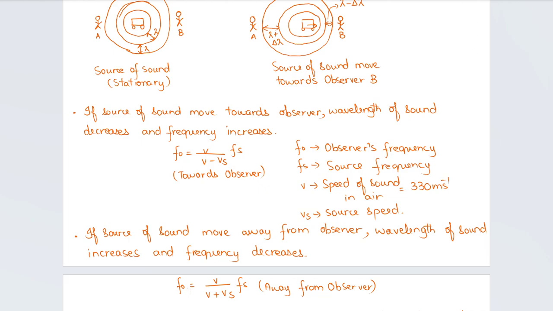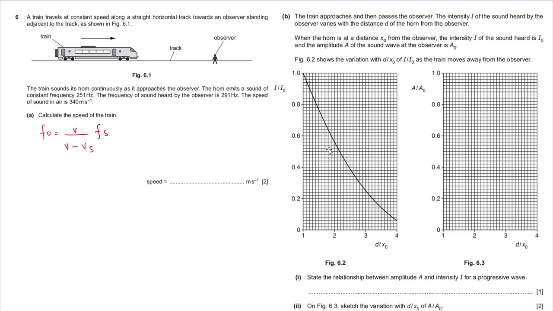So f naught stands for the observer frequency, fs is the source frequency, v is the speed of sound in air, which is 330 or 340 depending which value is given. Vs is the source speed, ठीक है, with which the source is moving towards the observer, and when towards है तो नीचे minus का sign, when it's away so it's a plus sign in the denominator.